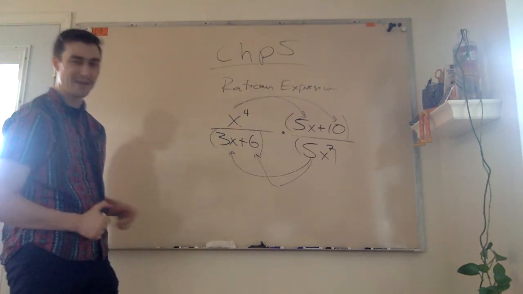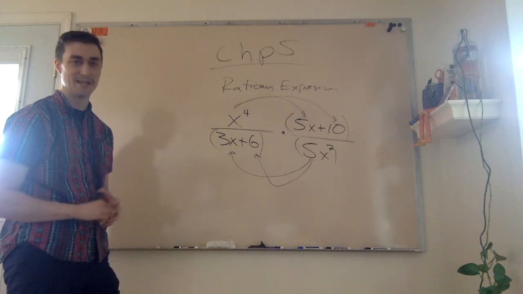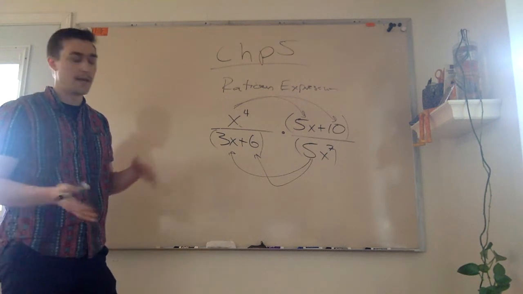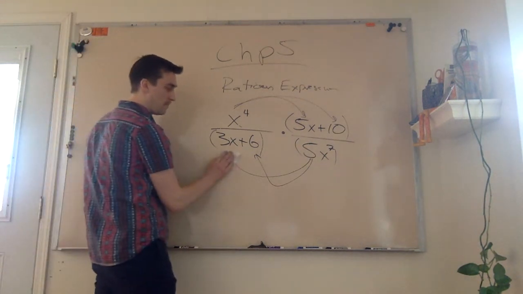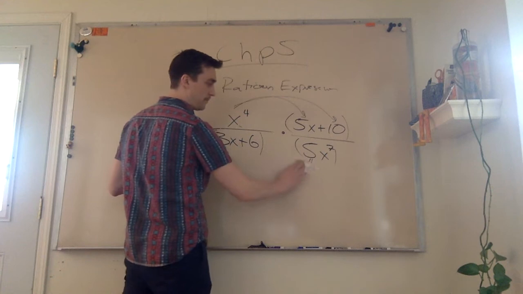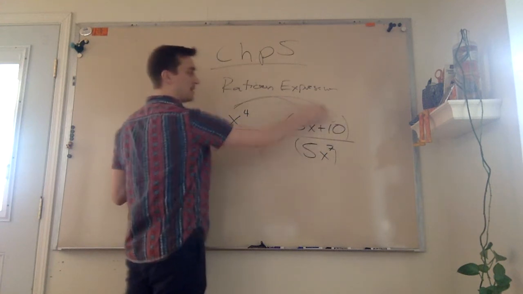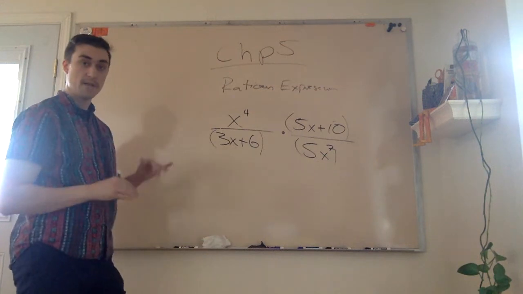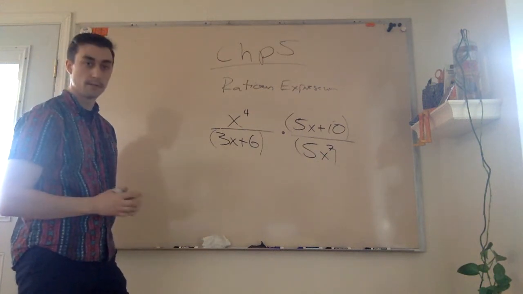And it just quickly becomes very complicated and pretty messy. Then you would have to take the result, see if that can be simplified further, yada, yada, yada. I don't think that's the best way to do it. You can make your life a lot easier if you factor first and then see if anything cancels.